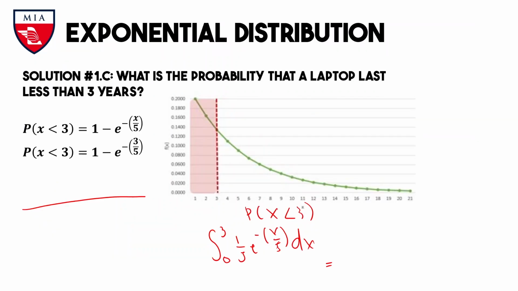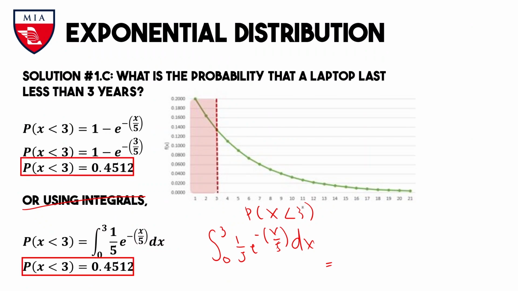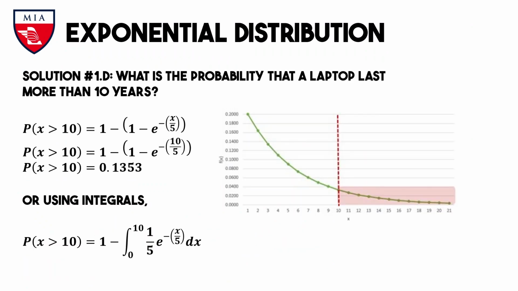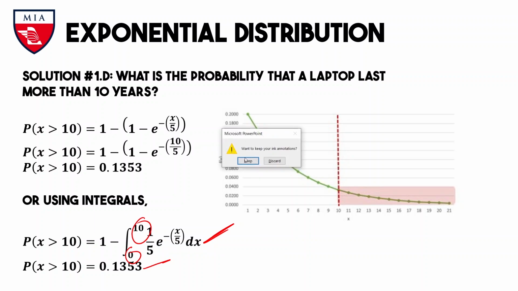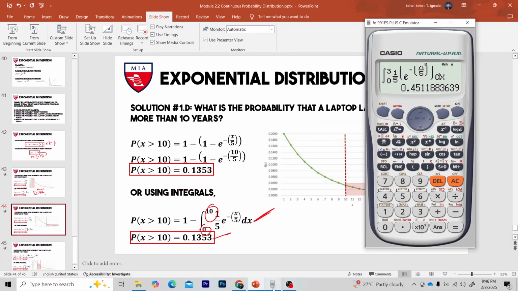Next, solution 1.d. What is the probability that a laptop lasts more than 10 years? We have the lower limit of 0 and the upper limit of 10. How can we solve this? Let's go back to the calculator. Clear.